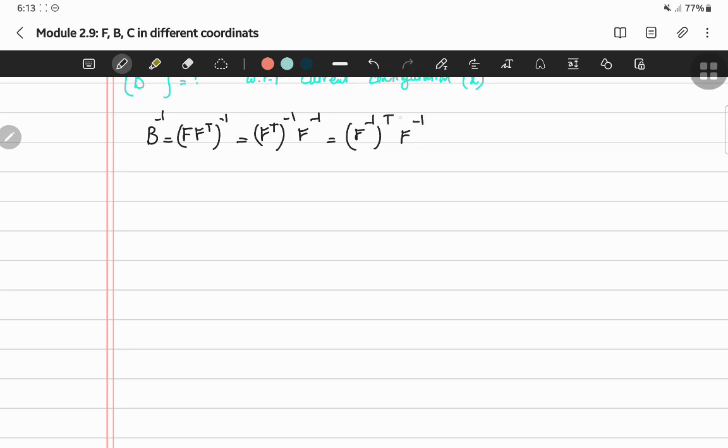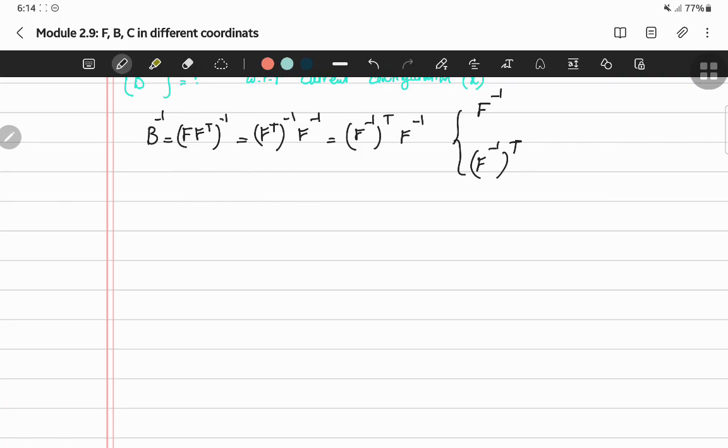So you have to find F inverse as well as F inverse transpose. C is also the same because we have F transpose, F, so C inverse is F inverse, then F inverse transpose. Next we have F transpose inverse, which is the same as F inverse transpose. So again, if we find F inverse and F inverse transpose, we can find B inverse and C inverse.